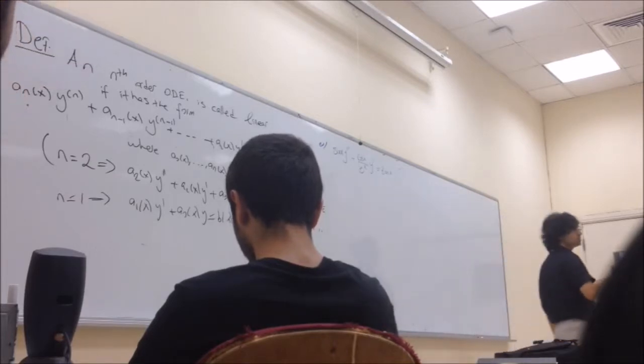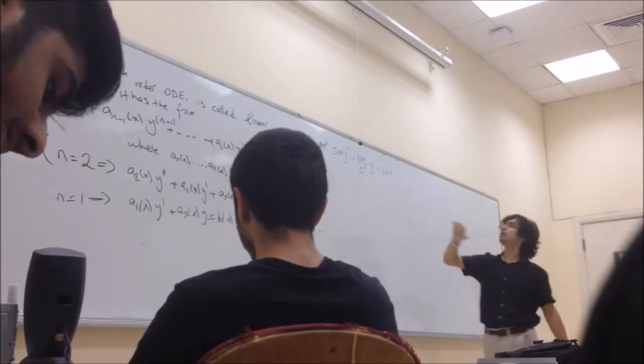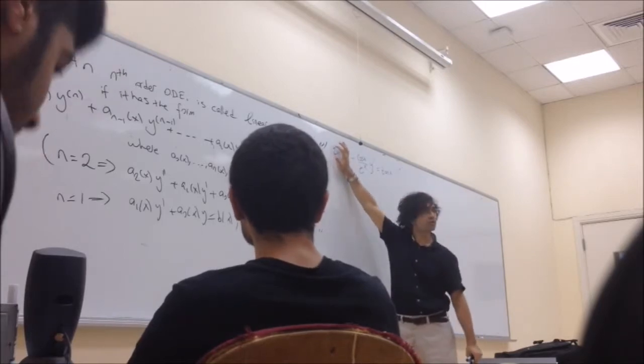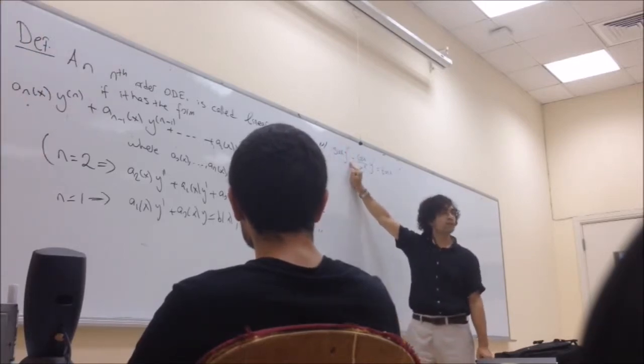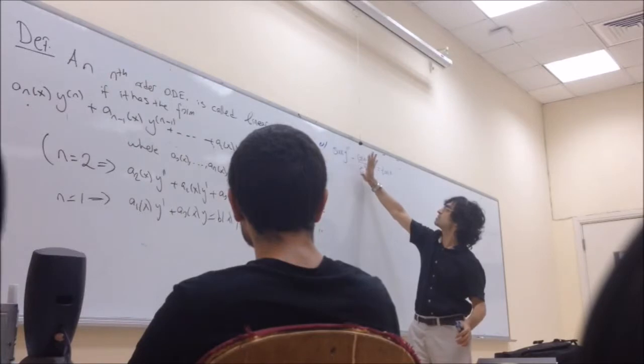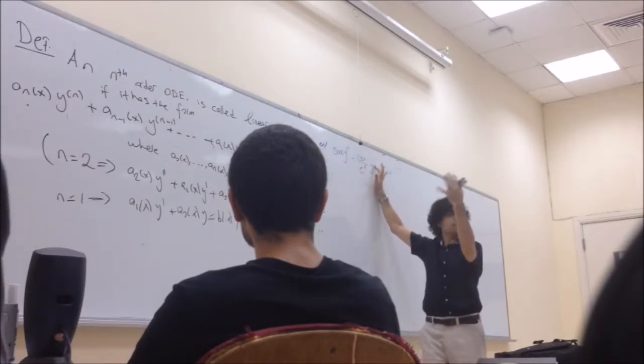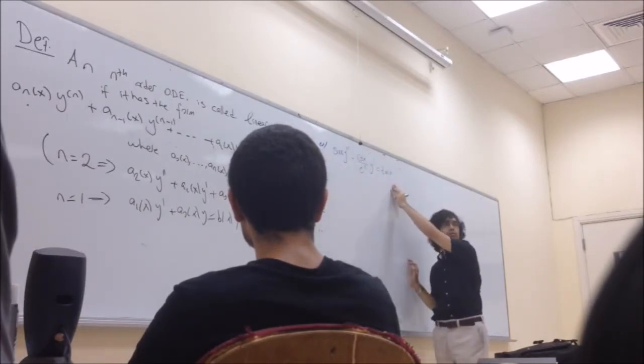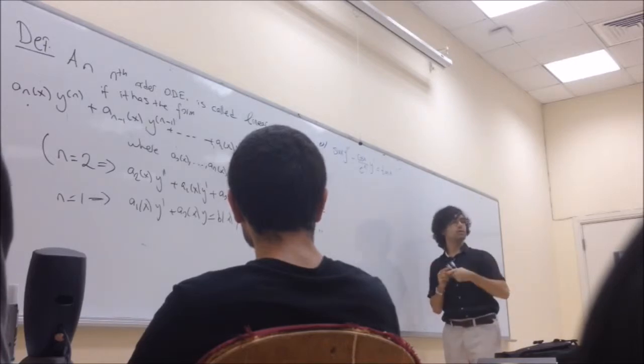This is a linear differential equation, right? Because you have some function of x times the derivative of y, like the third derivative, plus some other function of x times, again, some derivative of y, equal to some other function. So it's a linear one.